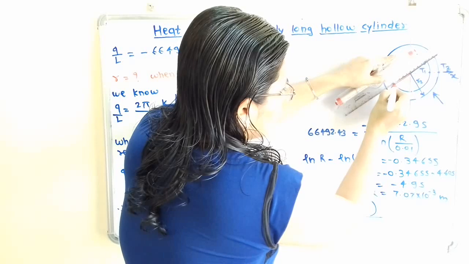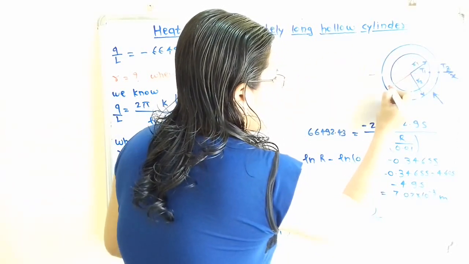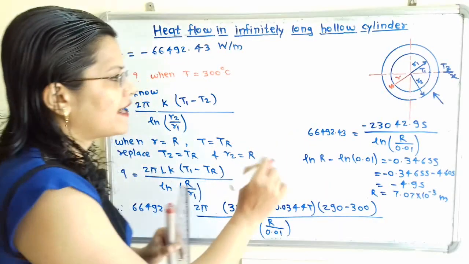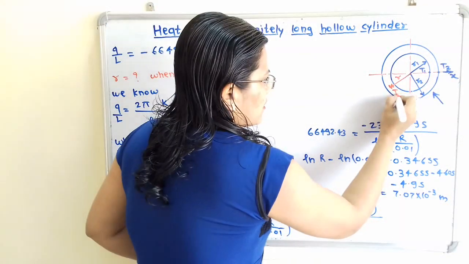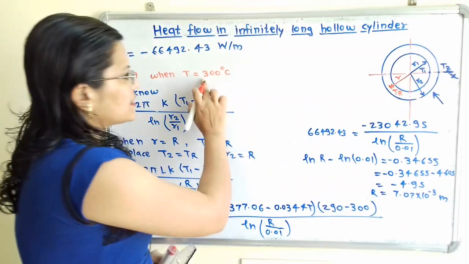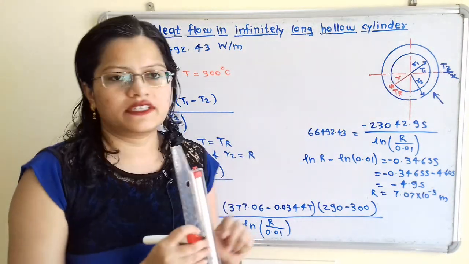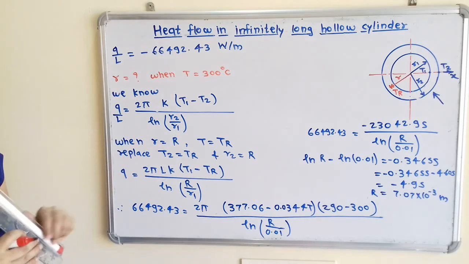When here is radius R, then the temperature at this point is TR, and this TR is equal to 300 degrees Celsius, and we have to find out this radius R.